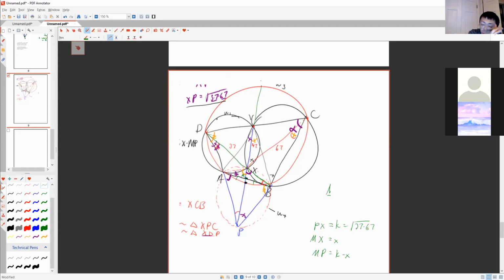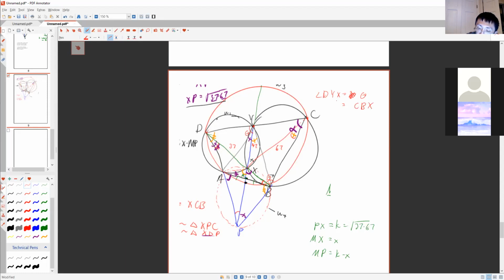So maybe I'll call the angle DYX theta. So that's theta, which means that this is theta. So angle that equals angle CBX.